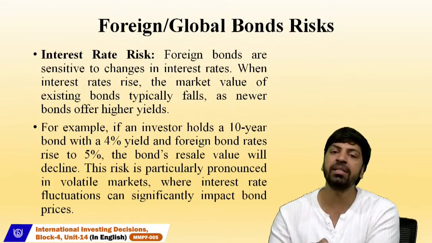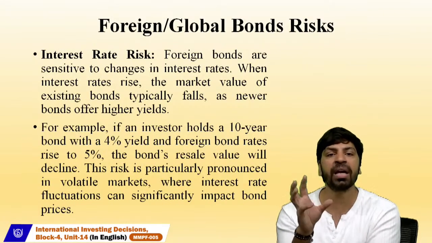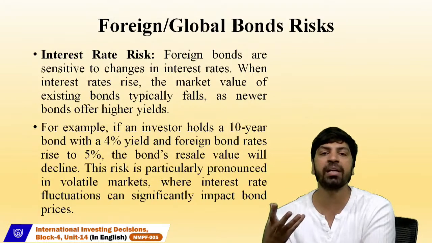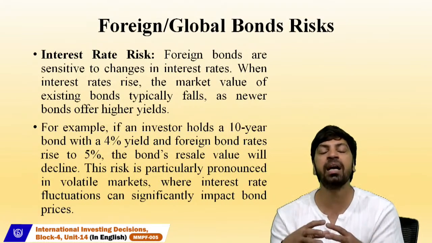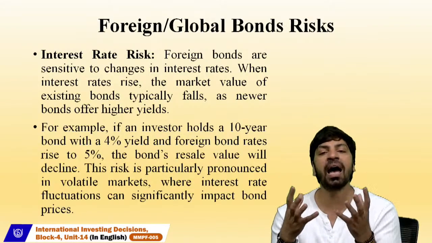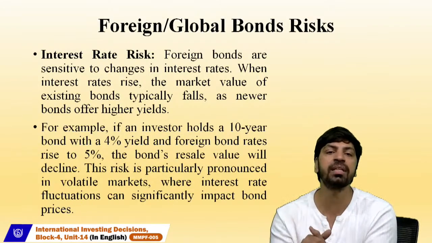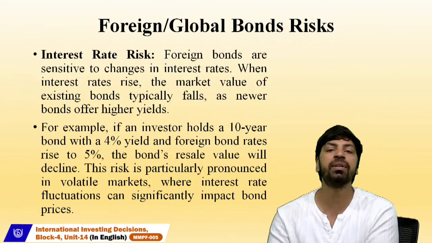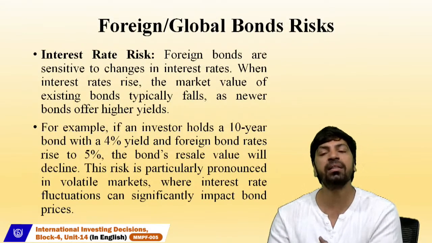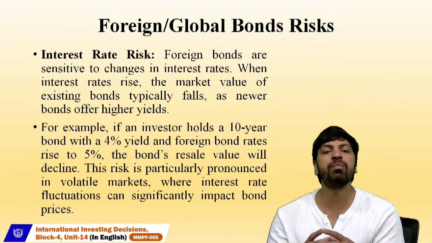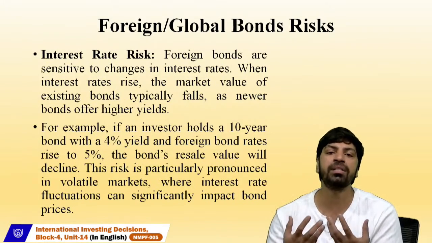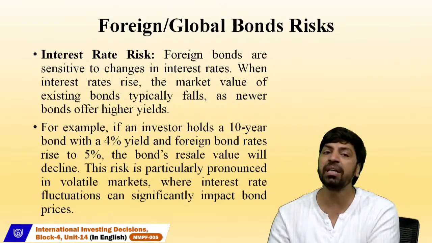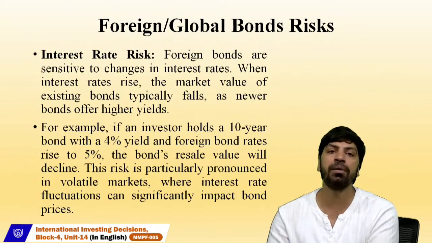And when the yield rate, the return rate, and the foreign bond rates face fluctuations, then definitely the resale value of such a bond would also decline. In such a way, the market becomes more volatile, where interest rate fluctuation definitely impacts the bond prices.